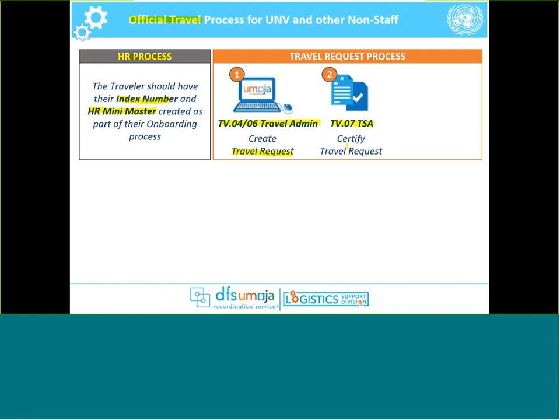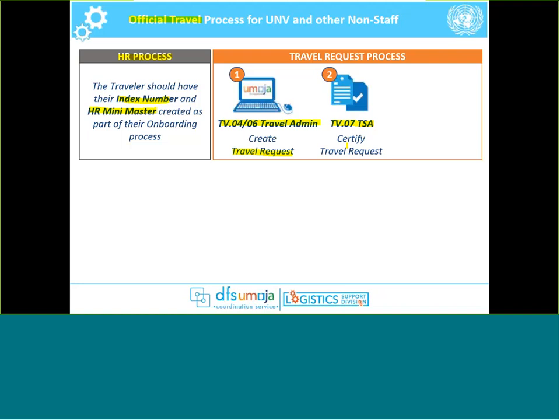And although you're asking about how you get to know the fund and cost center, the first thing you need to ask the UNV, if for example the UNV is asking you to raise a travel request on behalf of the UNV, is who's paying for his trip.